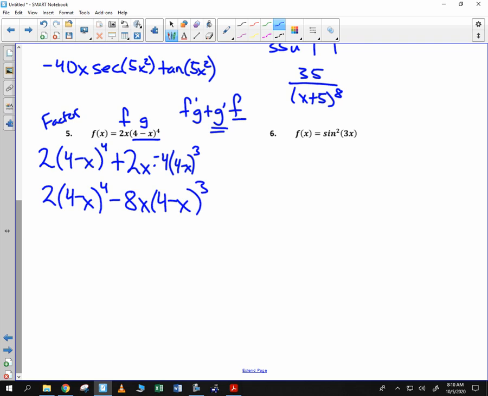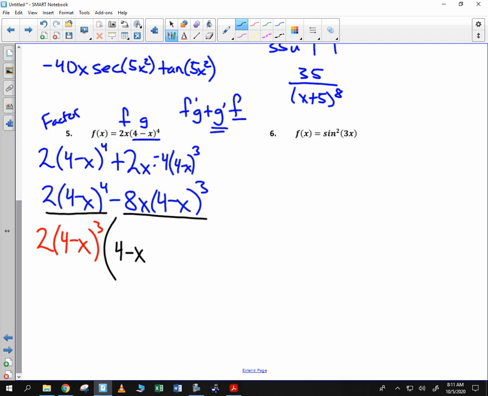Notice that these have a common factor. The factor that they share in common is 2, and 4 minus x raised to the third power. When I take that out of here, you're left with 4 minus x.